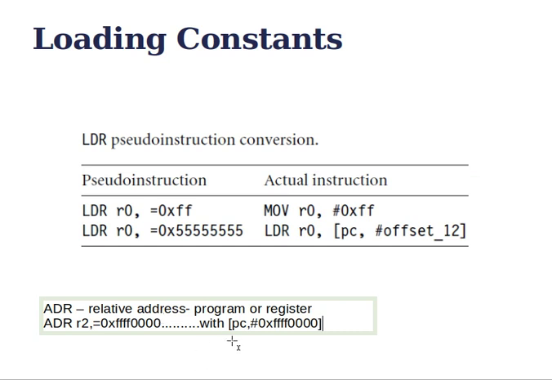This is just an example. I'm taking the PC value to be 0, so 0 plus 0xF0000 will give you this particular address itself. You can see that it's clearly a relative address. Relative to what? Relative to the program counter, and hence it is called program relative address referencing.